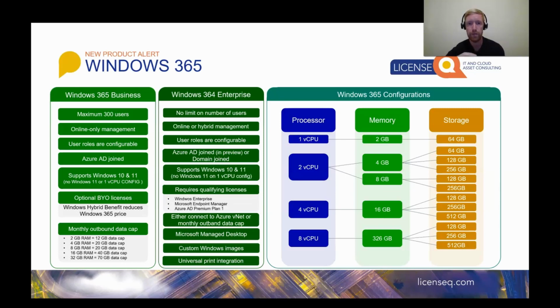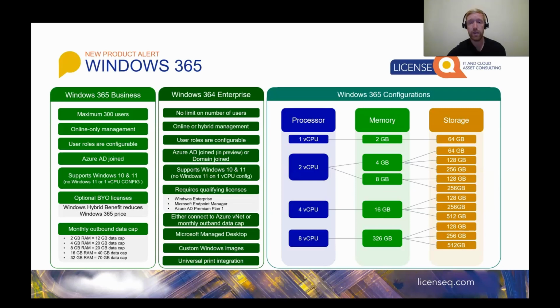Now, to caveat all this, I have seen pricing for this and it's a very expensive solution. So I'm very curious to see towards the future what Microsoft will do with this solution, if they cut the prices, if they find ways to do this cheaper. But the bring your own license part with Windows Hybrid Benefit will reduce your cost. So that's already a nice step in the right direction to reduce the price.